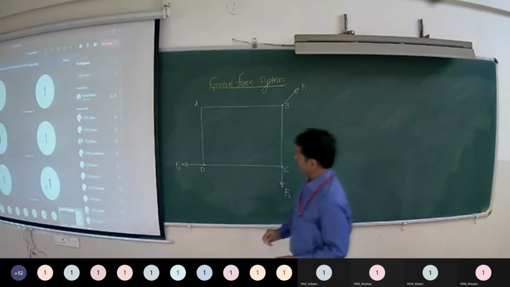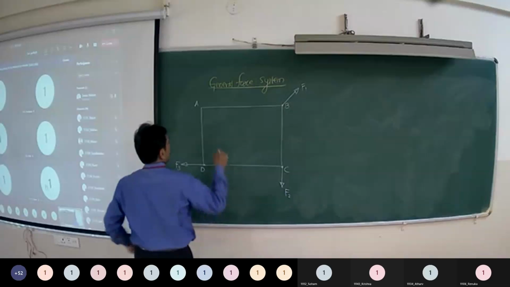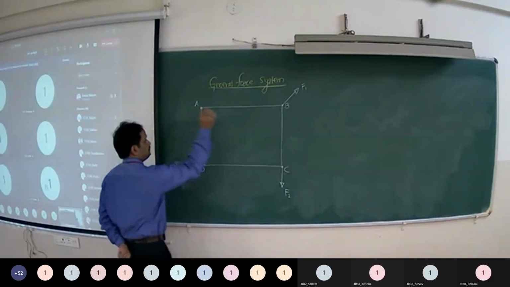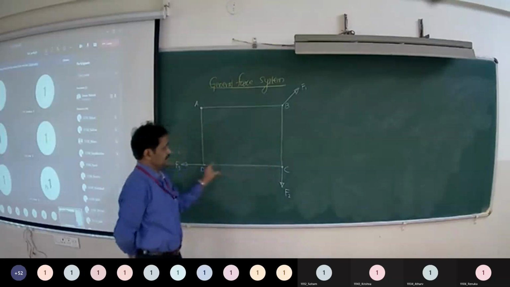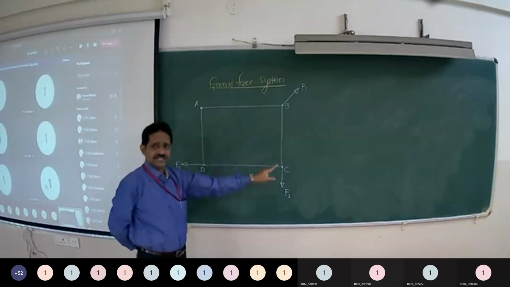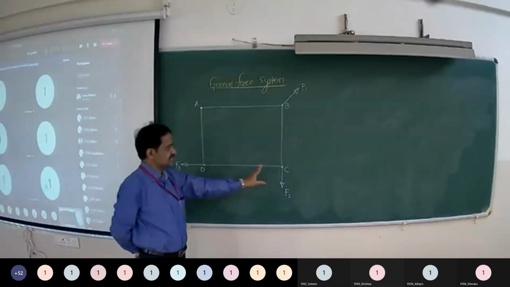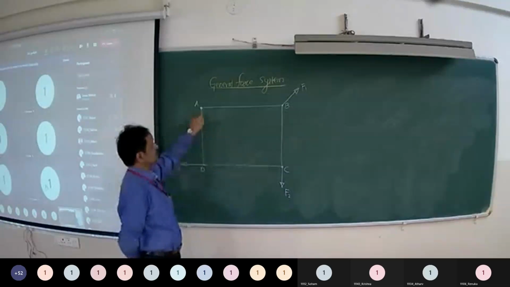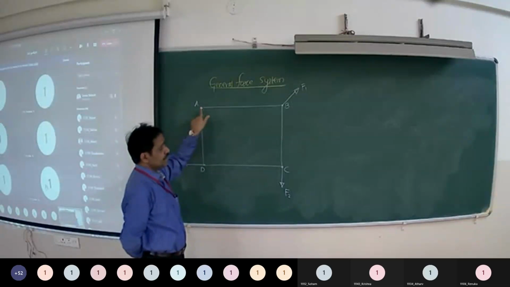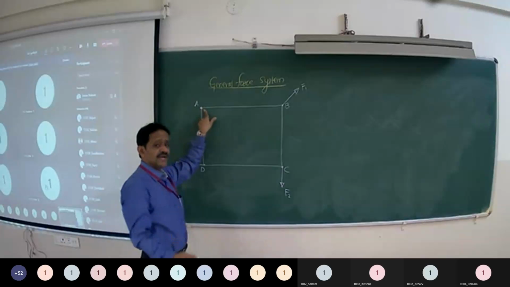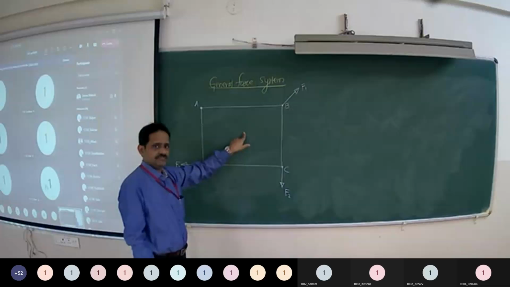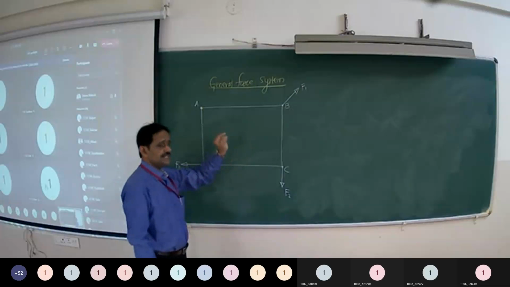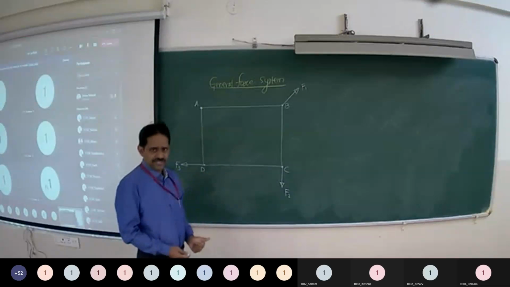Now to find out the resultant, I will select a point in the plane, any point of my convenience. To my convenience, I am going to select point A. So with respect to A, I will define the position of resultant, where it is acting. To define the position, you must have some reference point.